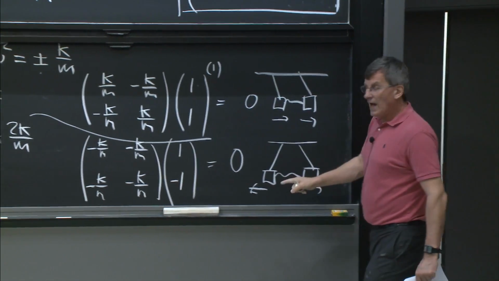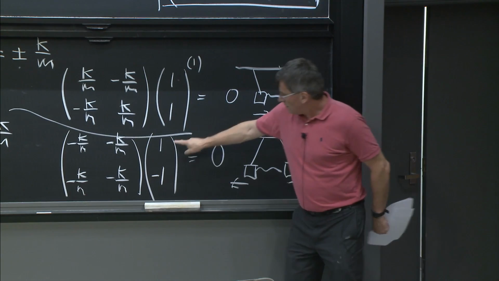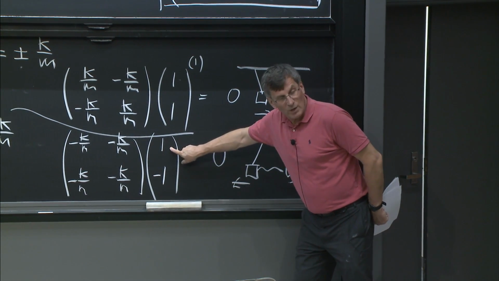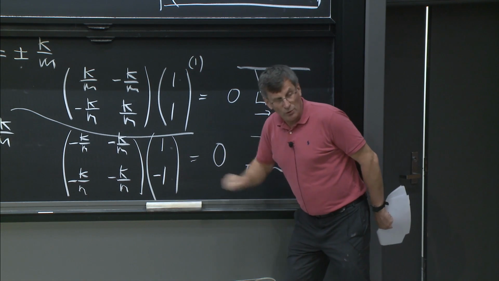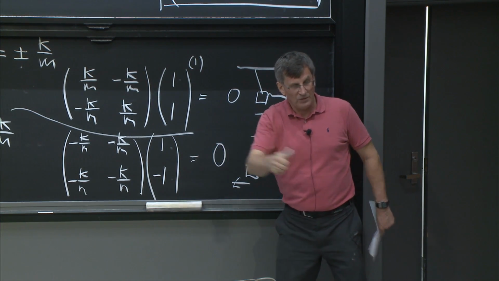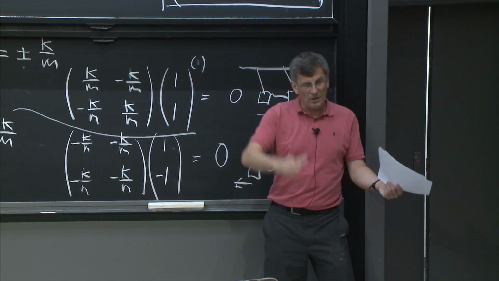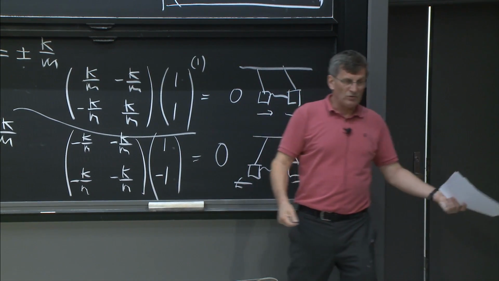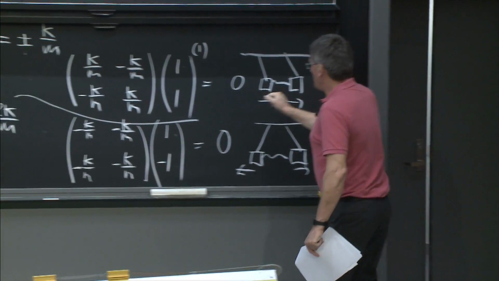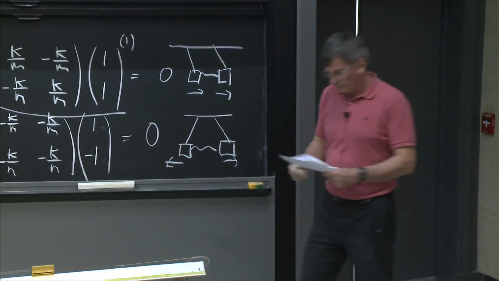At any moment of time in this normal mode, wherever mass 1 is, mass 2 is the minus distance away from its own equilibrium. So if this one is plus 1 centimeter here, the other one is minus 1 centimeter. This one is minus 5, this one is plus 5, and so on. Whereas in this mode, both of them move together.